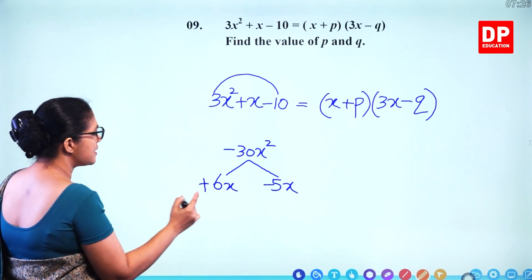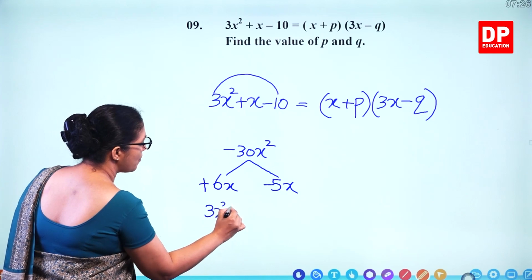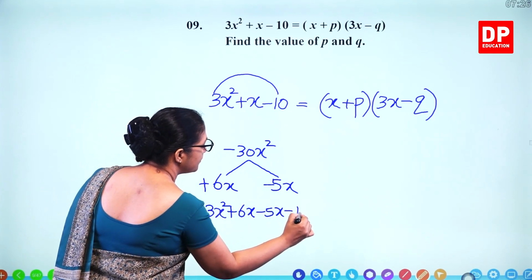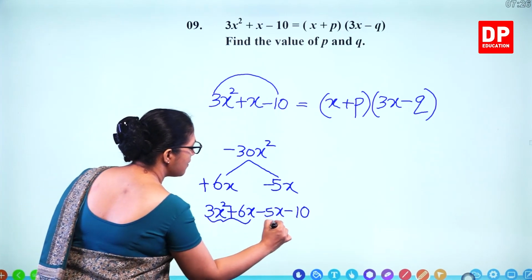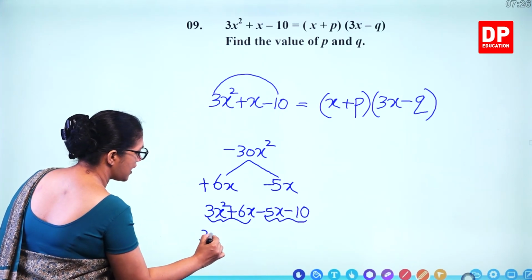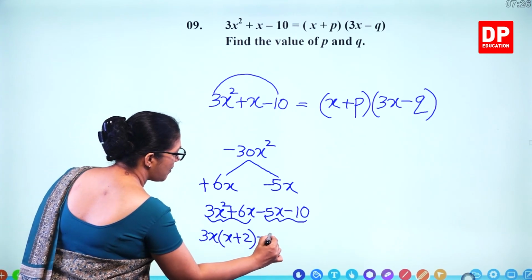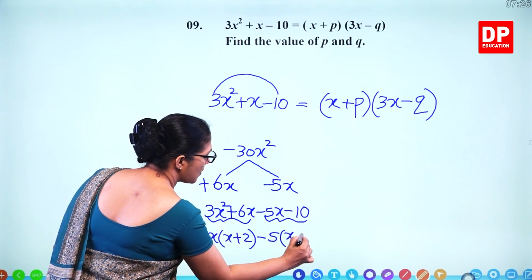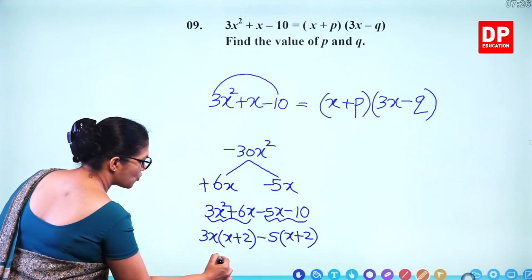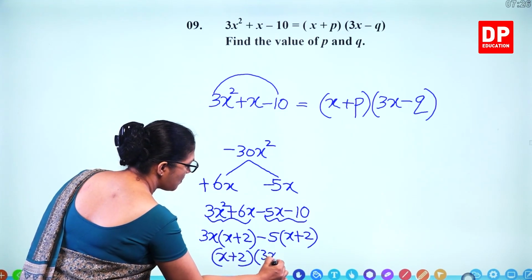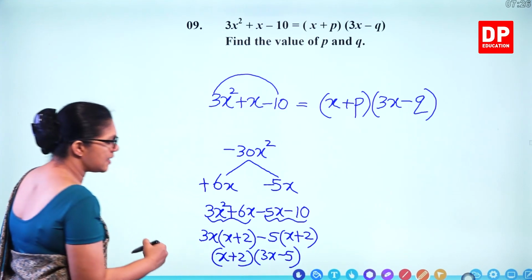Now split the middle term to plus 6x and minus 5x. Now take 2 at a time and factorize. So 3x you can take x plus 2, minus 5 you can take x plus 2. So x plus 2 is one factor, 3x minus 5 is the other factor.